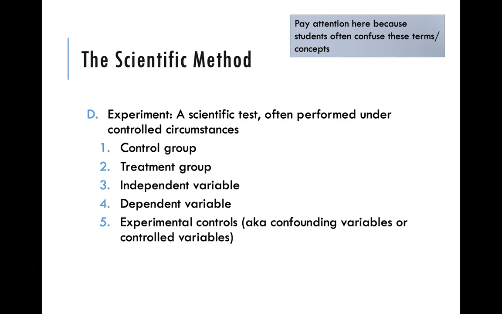So I'm sure you can see some of the confusion here. The experimental controls are the conditions or the variables that are not being studied that could affect the results. So they're called confounding variables sometimes because they are variables that could very likely affect the outcome of your experiment.